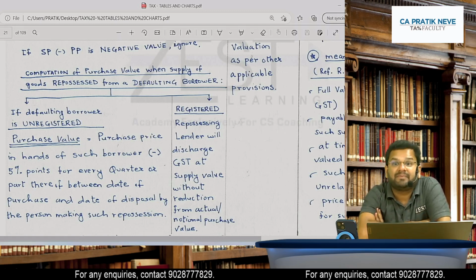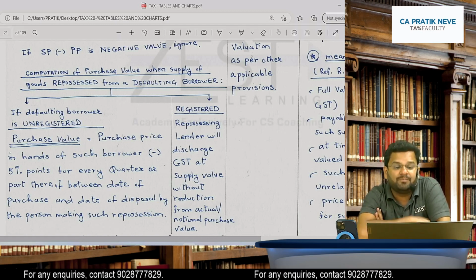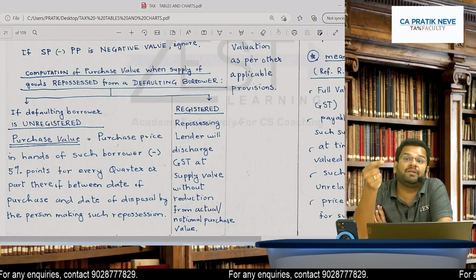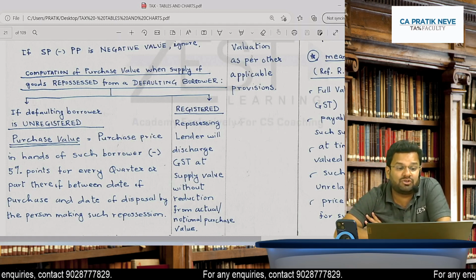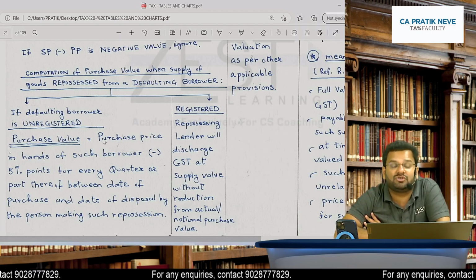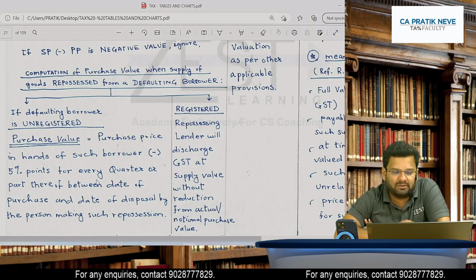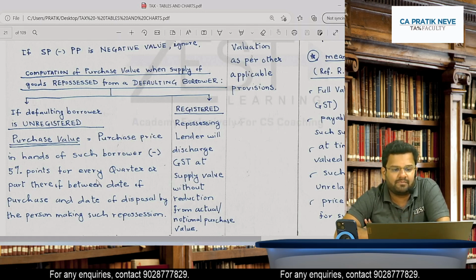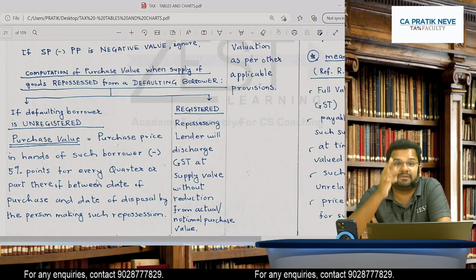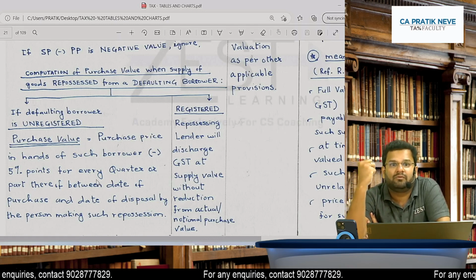So in this case, what will be the purchase price of such goods? That's the question. What will be purchase value of such goods? Purchase value in hands of such bank will be what?